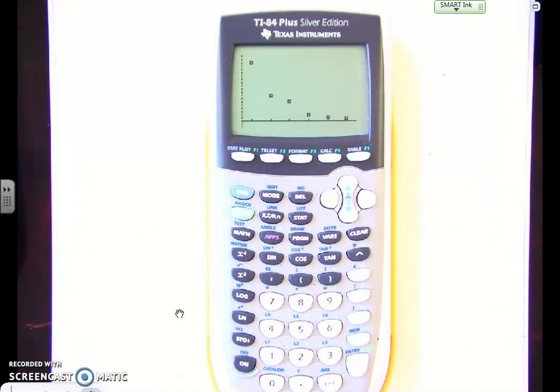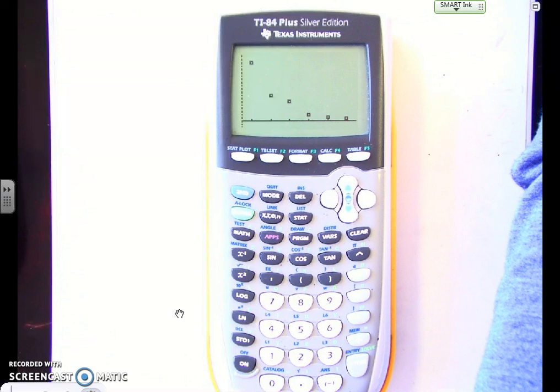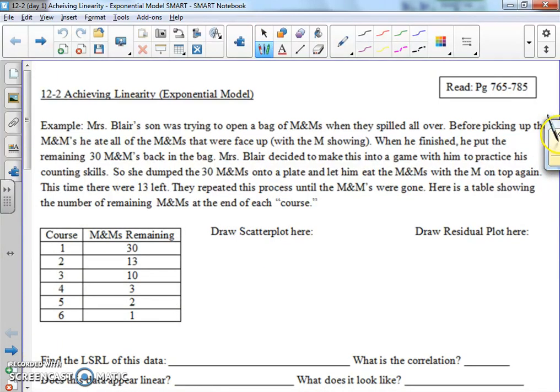So there is a picture of the scatter plot. Let's go ahead and draw that in our notes. You can always pause this at any time to draw the picture you see in my calculator. As you can see, the dots kind of follow something a little like this. Not very good dots, but you get the point.